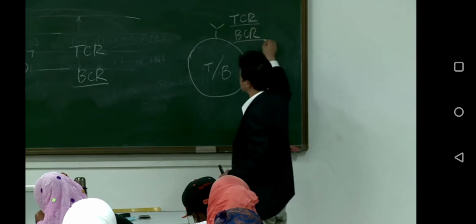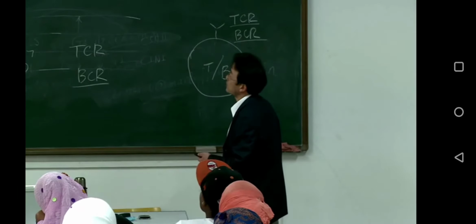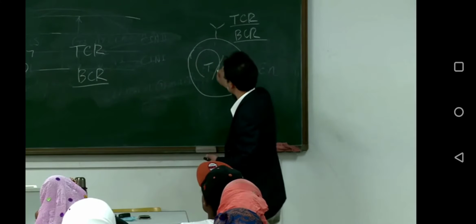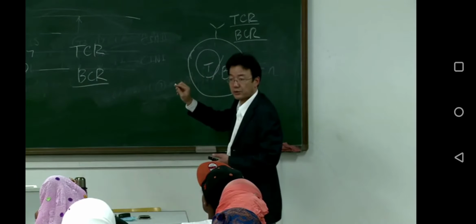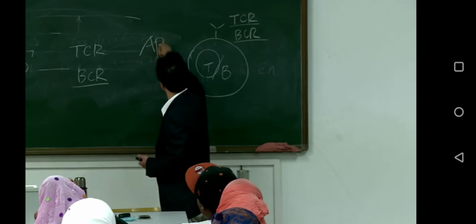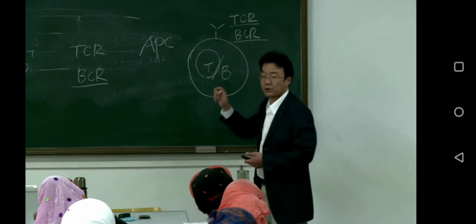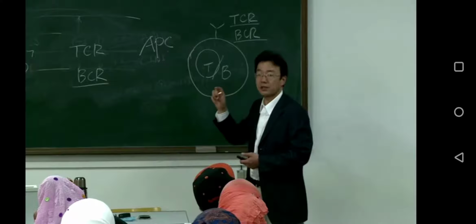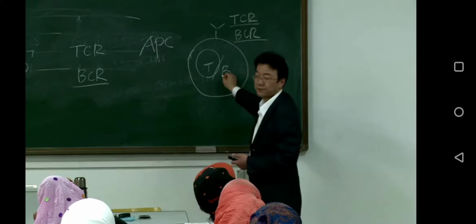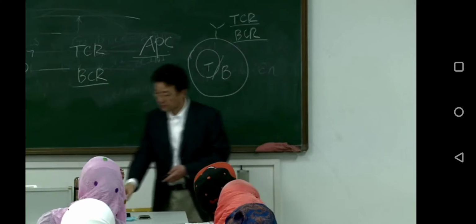The first is T cell receptor or B cell receptor. T cell recognizes the antigen from the APC, antigen presenting cell. B cell can recognize the antigen directly. And also, B cell is one of the antigen presenting cells.